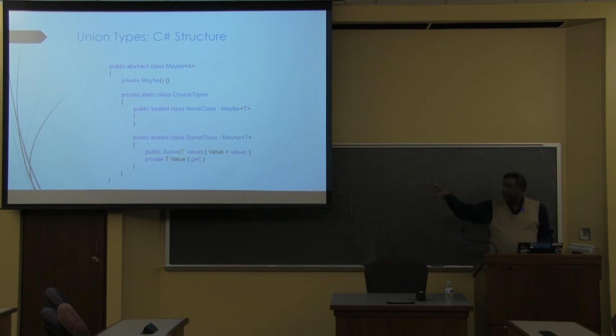Because we don't have traits in C#, you would create an abstract class with a private constructor so that nobody else can instantiate it from anywhere. Because it's abstract and now private, the only place you can put anything that derives from that class is inside the class itself. So we'll create 2 classes, make sure that they are sealed so that nobody can inherit from them, and this gives you effectively the structure.